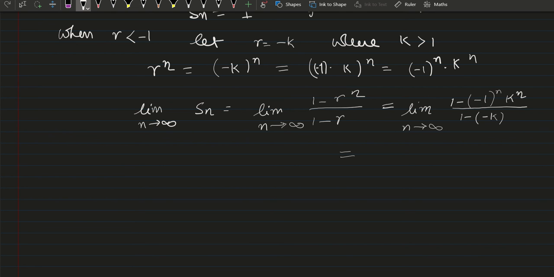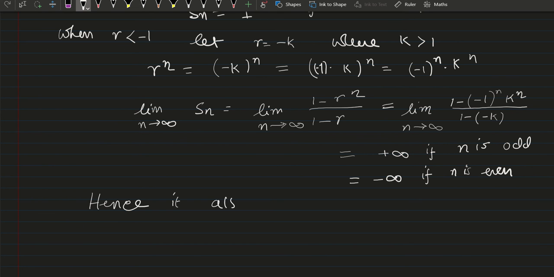So it will be plus infinity if n is odd, and minus infinity if n is even. Okay, so hence this series also oscillates. True. Okay.